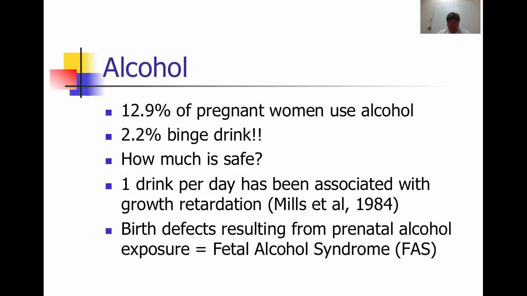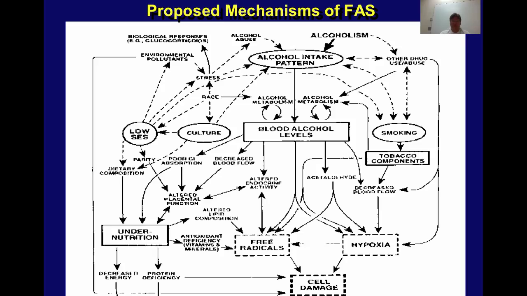There's been a lot of research done on birth defects resulting from prenatal alcohol exposure, and probably the most studied is the disease or the defect known as fetal alcohol syndrome. So again, this is one of those slides where I don't expect you to understand it, or indeed maybe you can't even read it.